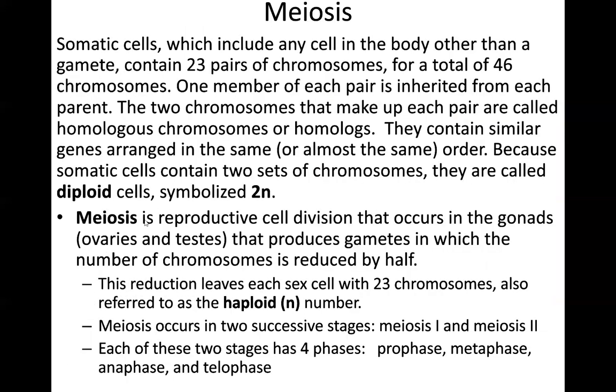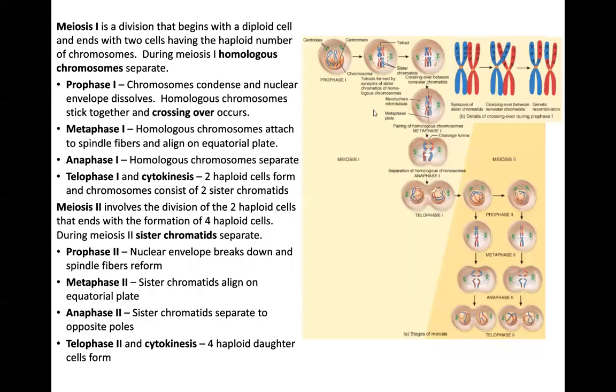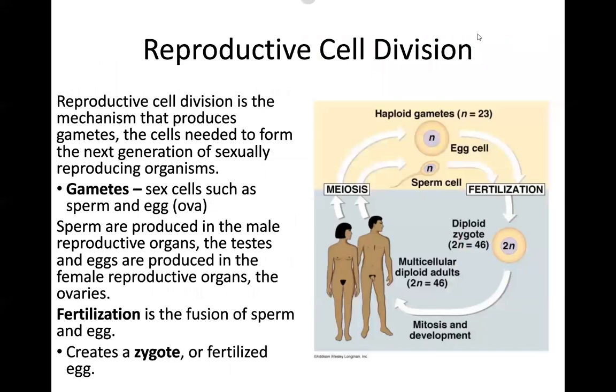During the process of meiosis, which is a reproductive cell division occurring only in the gonads, which are the ovaries and testes, the production of gametes occurs where the number of chromosomes is reduced by half, leaving each sex cell with only 23 chromosomes, which is often referred to as the haploid number, abbreviated with just the letter N instead of 2N, telling you that there's only 23 chromosomes.